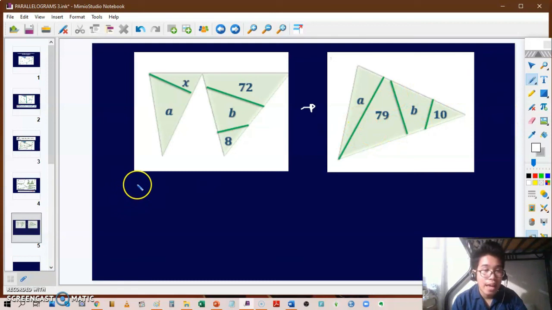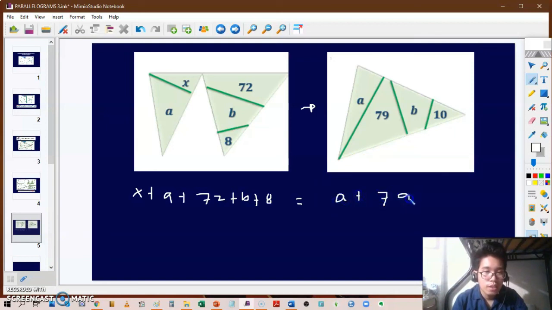So that's going to be by adding the sectors. It's going to be x plus a plus 72 plus b plus 8 is equal to the triangle that we've rotated, that still has the same base as the first two triangles when added together. So that's going to be a plus 79 plus b plus 10.